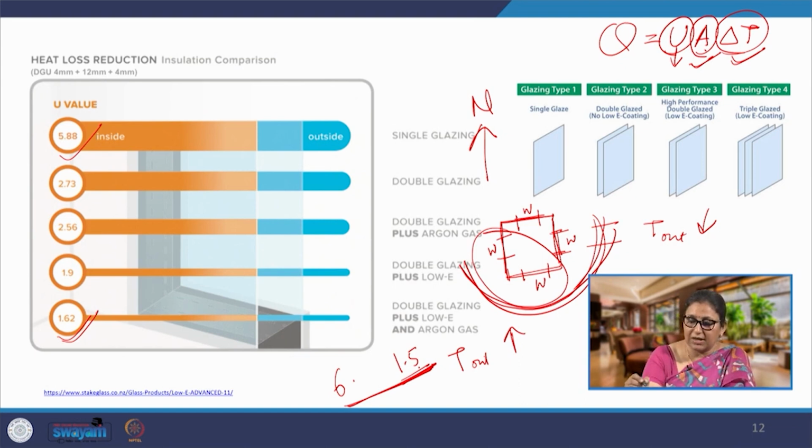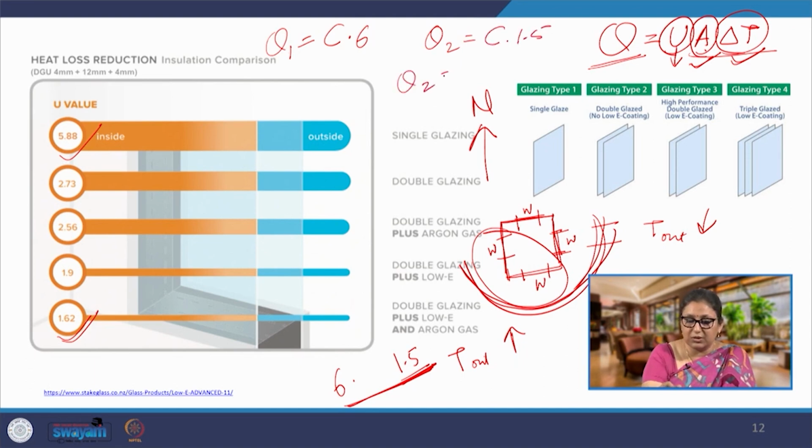Originally I had 6 and then I take 1.5, which is 1/4. Directly my heat exchange is going to reduce by the same proportion. The U value is 6, and the rest remains constant, A into delta T. So, Q1 is 6 times A delta T, and Q2 is equal to the same constant into 1.5.